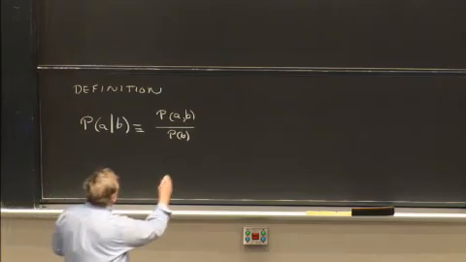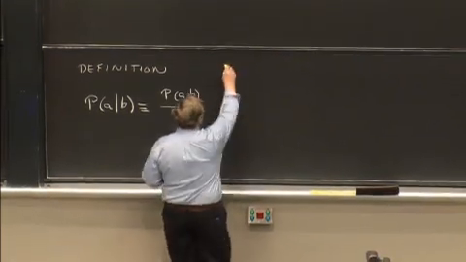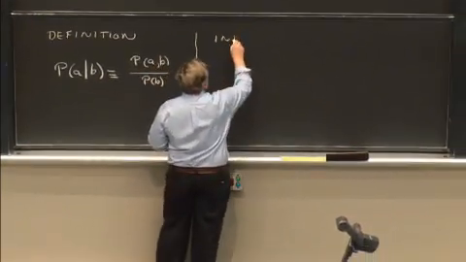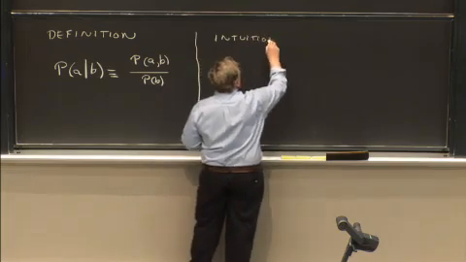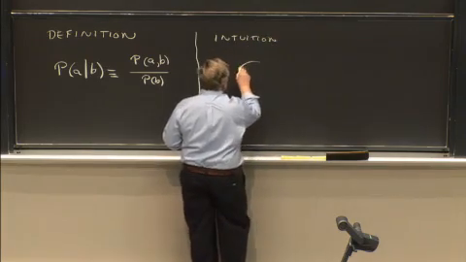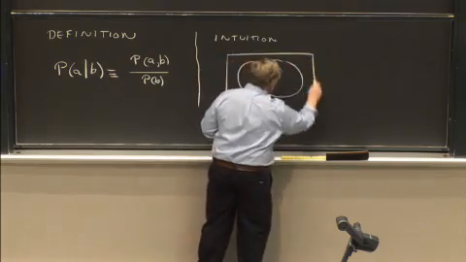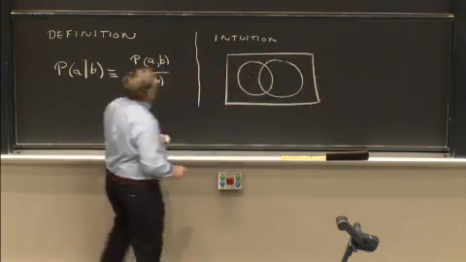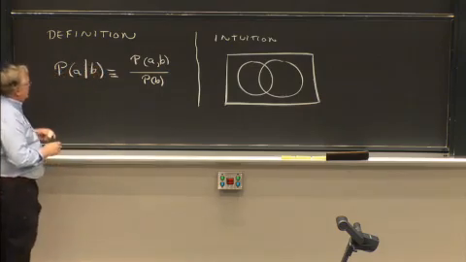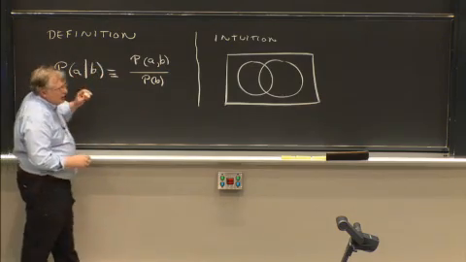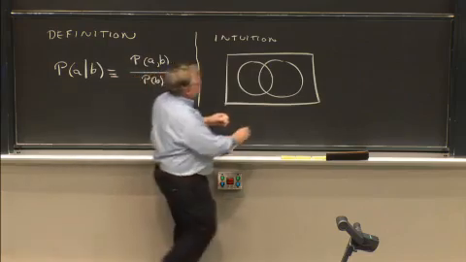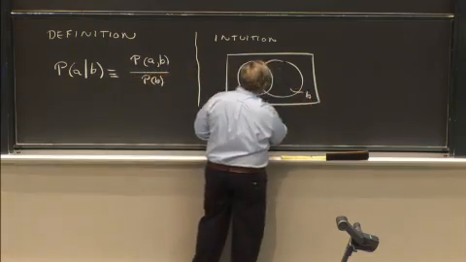Or you can do like we did up there and take an intuitionist approach and ask what that means in terms of a circle diagram and some sort of space. It means that we're going to restrict the probability of A to those circumstances where B is known to be so.